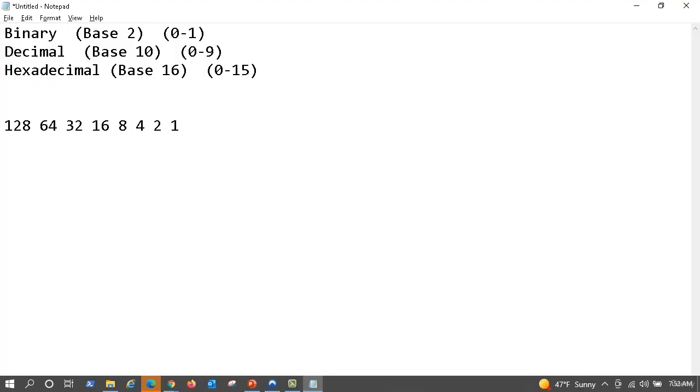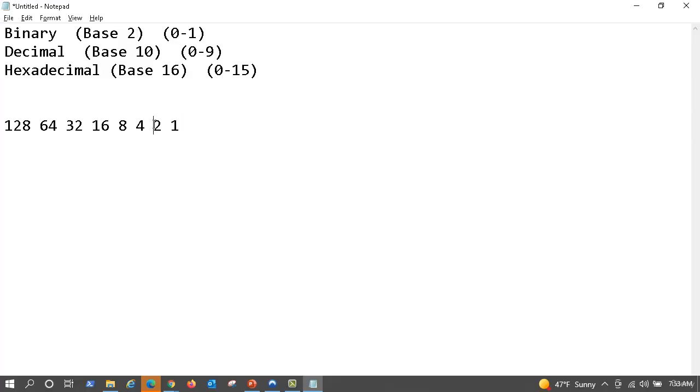Each of these represents a bit holder area, a bit value. Now, where do we come up with this? Well, we take the base number 2 and we start taking it to the power of something. The very first number here is going to be the base number 2 to the power of 0, and anything to the power of 0 is always going to be 1.